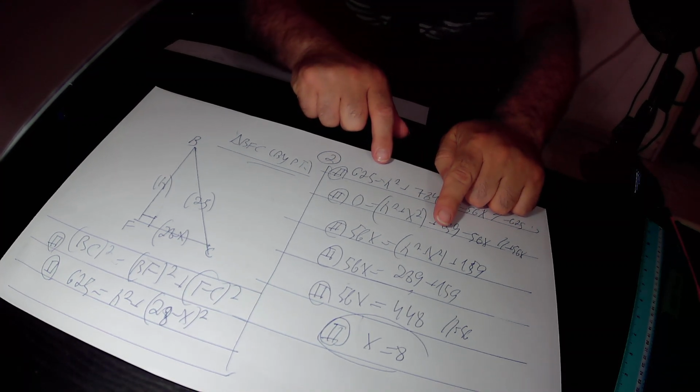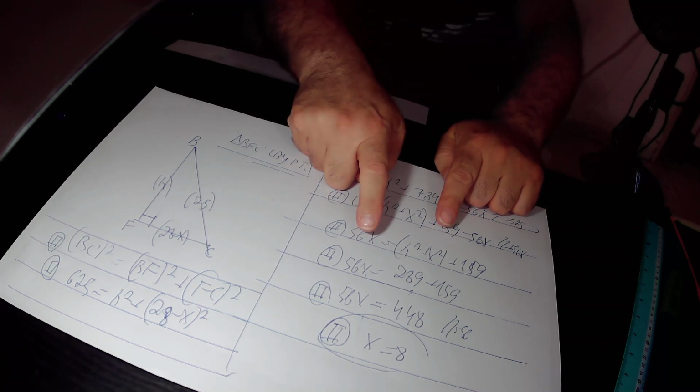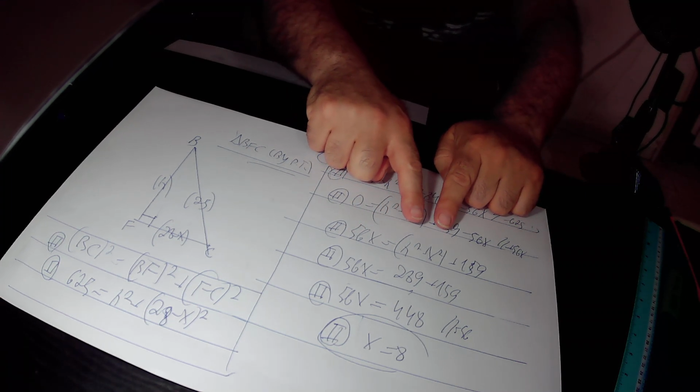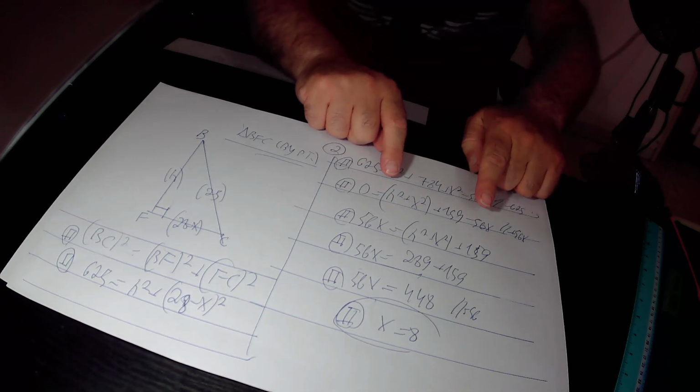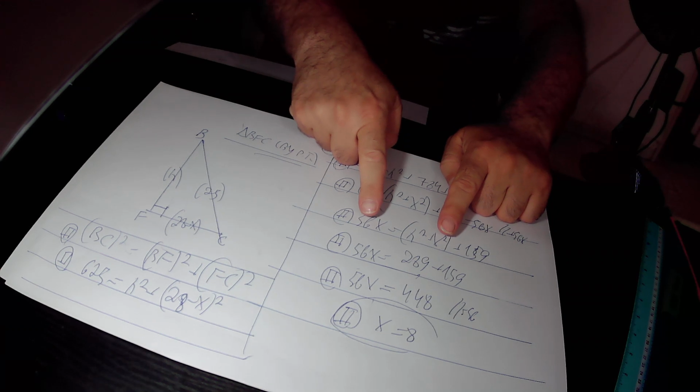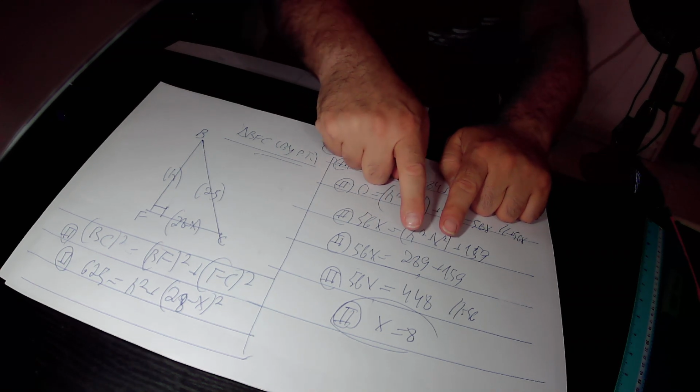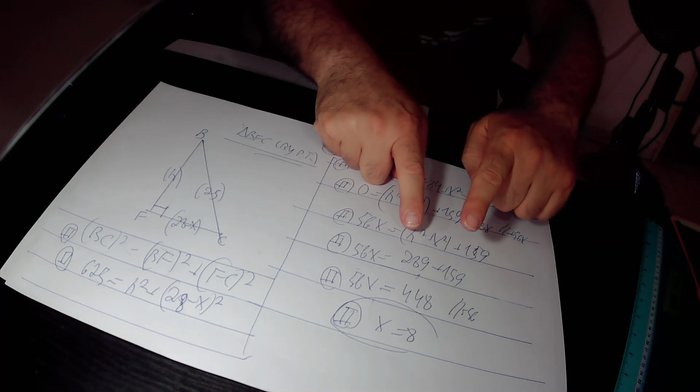Now we substitute h squared plus x squared by 289. We found out that according to equation 2, 56x equals h squared plus x squared, that is 289, plus 159. So 56x equals in total 289 plus 159. 289 plus 159 equals 448.